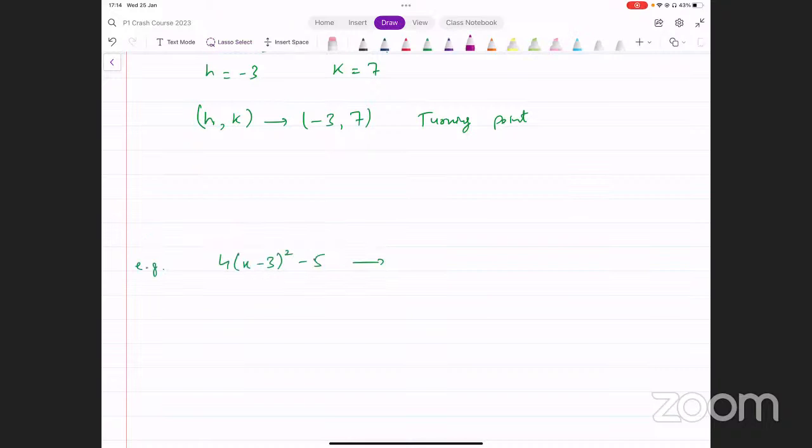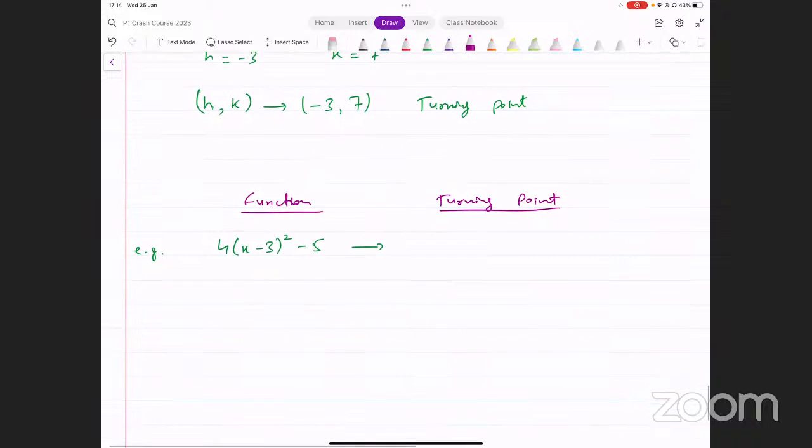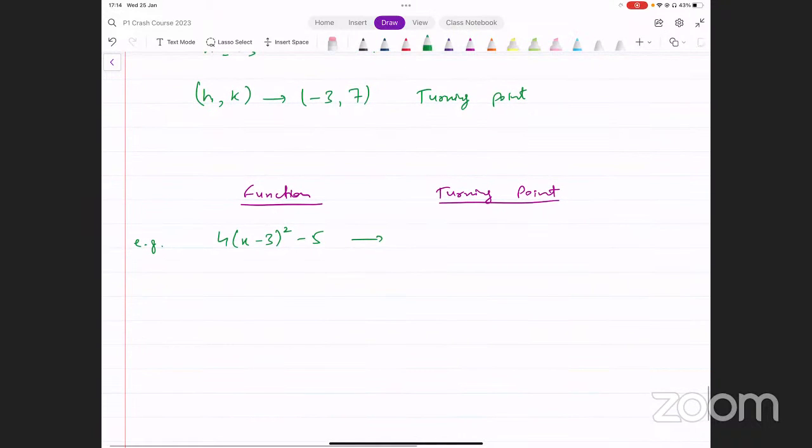We want the turning point of this function. This is the function, and to write the turning point, all you have to do is flip the sign of the number inside. So it's 3. Keep the sign of the number outside as it is. That's -5. That remains as it is.